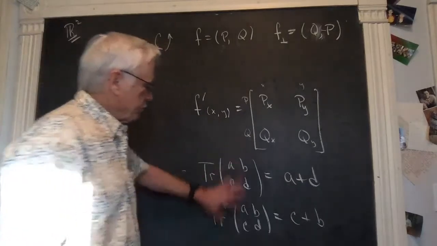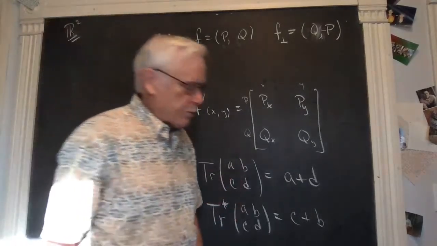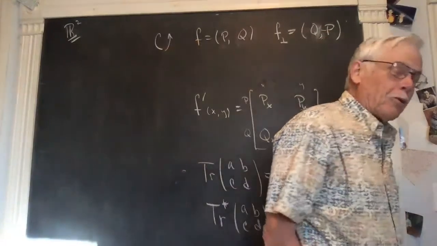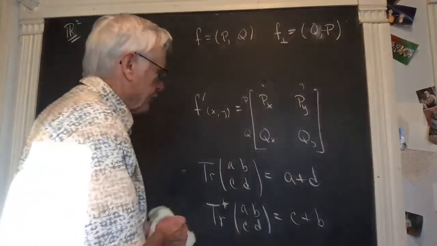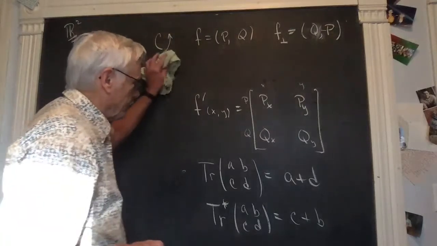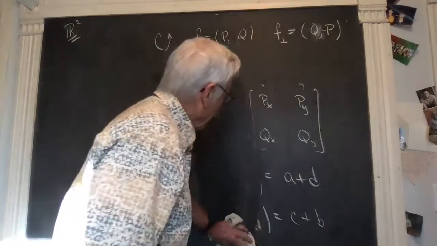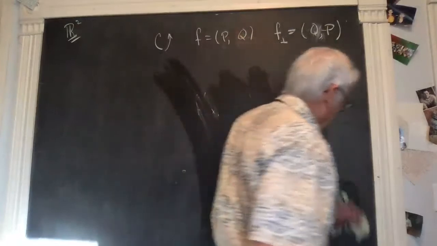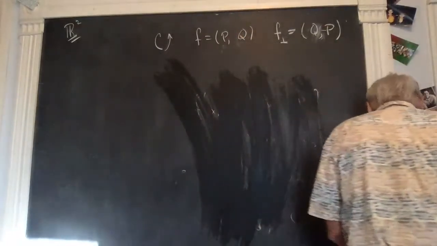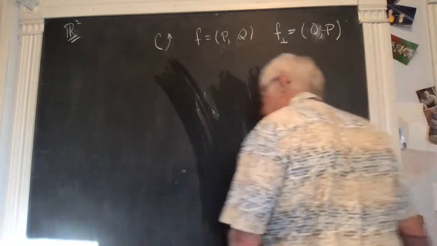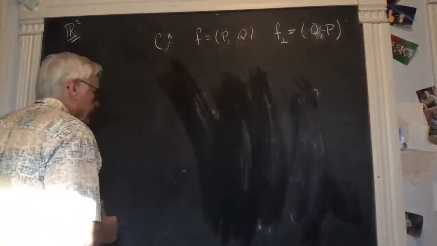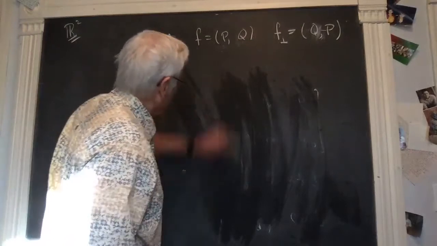These play important roles in lots of different mathematical things, and they will play a role today too. It's kind of interesting how some of these objects, like the determinant and so on, play a role.